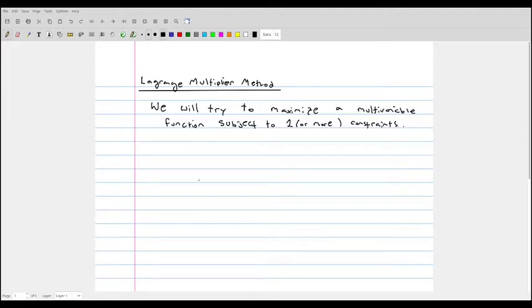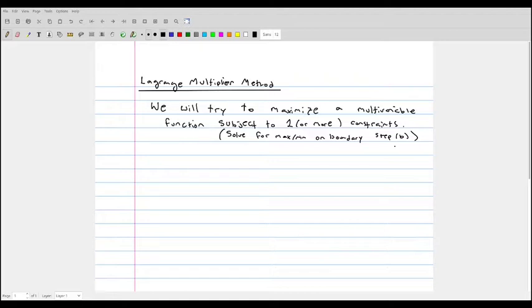The big application for us is that this method allows us to solve for max and min only on the boundary of a given function or of a given domain, which was step B in our optimization procedure that we described in the last lecture.